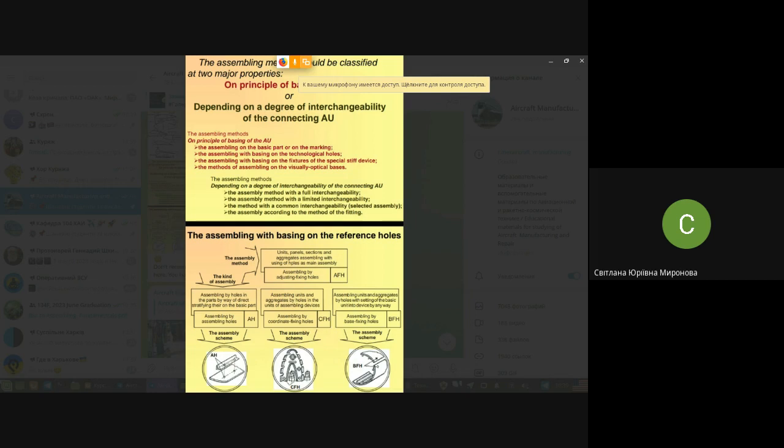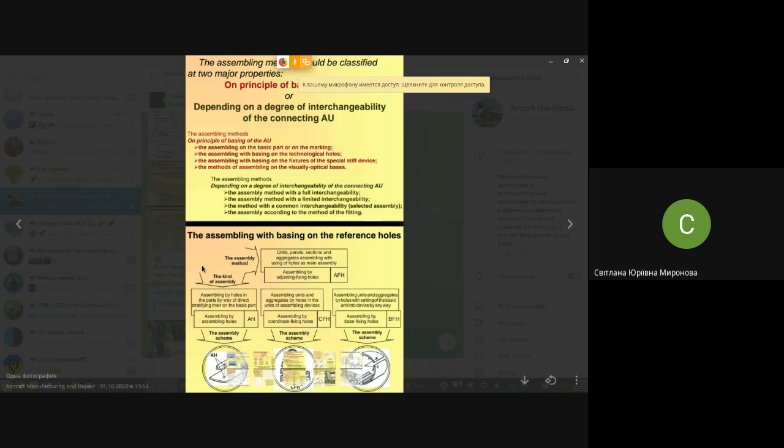When we're talking about the classification of methods by degree of interchangeability, I hope you understand, we are talking about the repeatability of assembly methods, how they provide similarity of assembly units. Let it be with some fixed range of errors, with some accuracy. But how to provide stability of this accuracy? It means interchangeability of the items you're going to assemble.